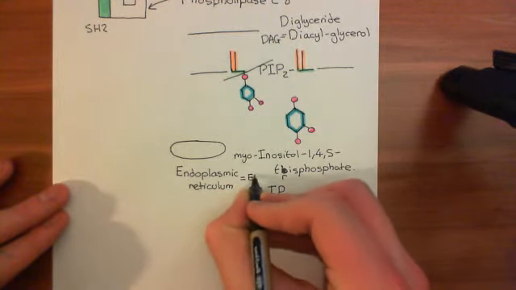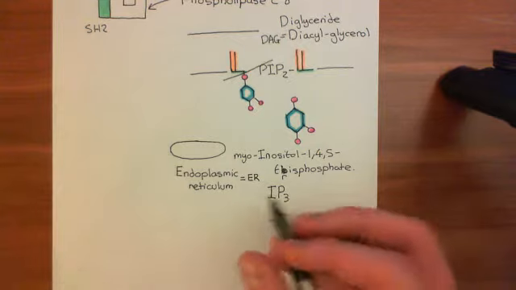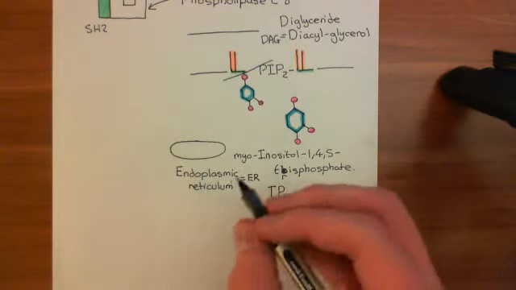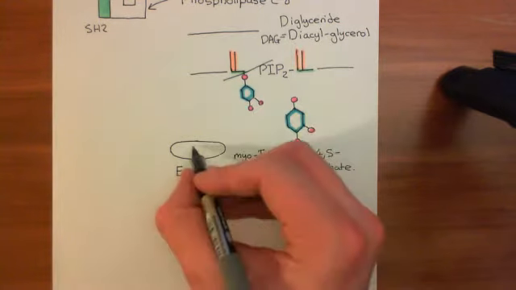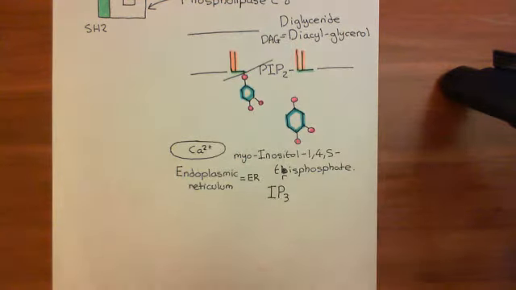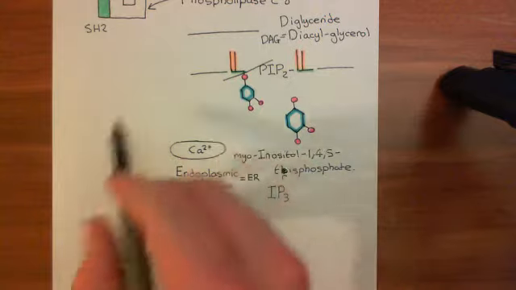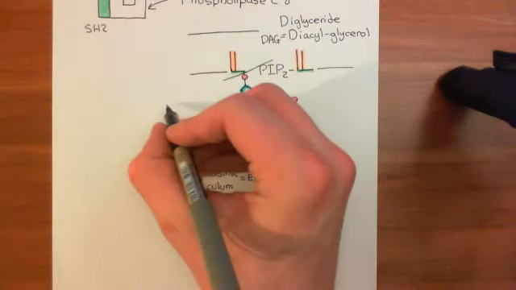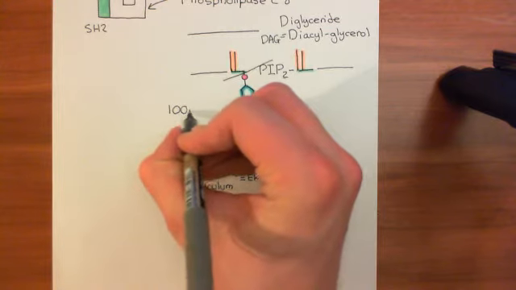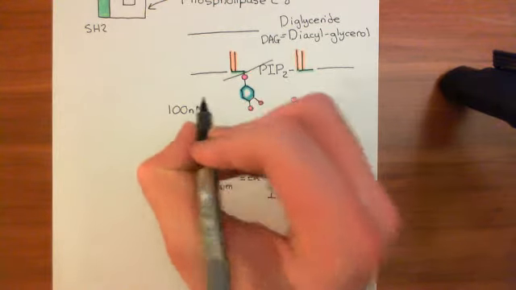Okay, and the endoplasmic reticulum, amongst other very important roles within the cell, is a store of calcium, basically. You have a lot of calcium ions stored within the lumen of the endoplasmic reticulum, and you have very, very low levels of calcium in the cytoplasm of the cell. In fact, calcium level within the cytoplasm of the cell is around 100 nanomolar, which is tiny.